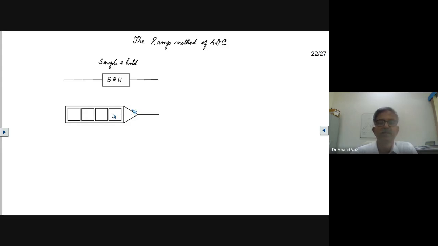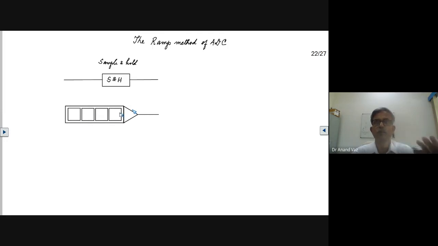Now let us say, just as an example, in the range of 0 to 15 volts, that we are able to produce digital to analog voltage steps of 1 volt. Let us say we are able to go from 0 volts when all these bits are 0, and up to 15 volts when all these bits are 1.